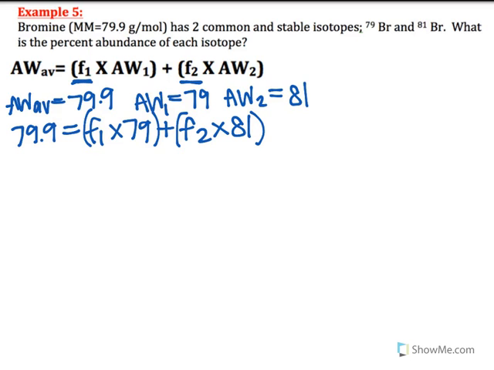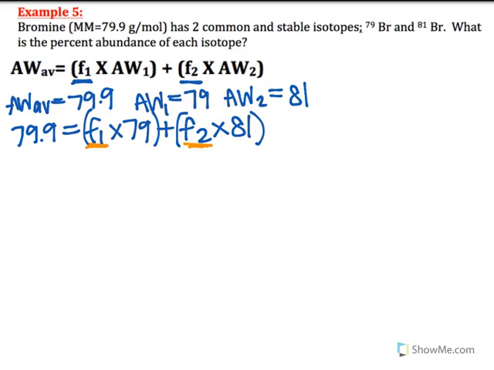Now, looking at this problem, it seems a little difficult because there are two variables here, F1 and F2. They aren't the same, but we can solve for one of them, reverting back to simple algebra. From algebra, we know that to find the value of the second variable, we need at least another equation.